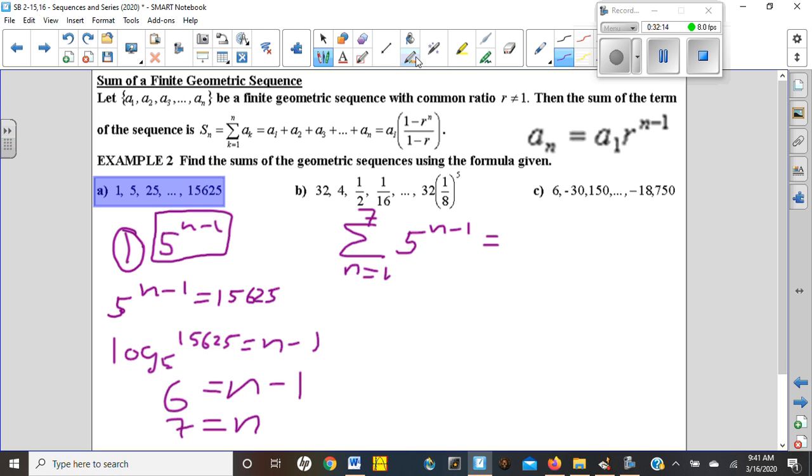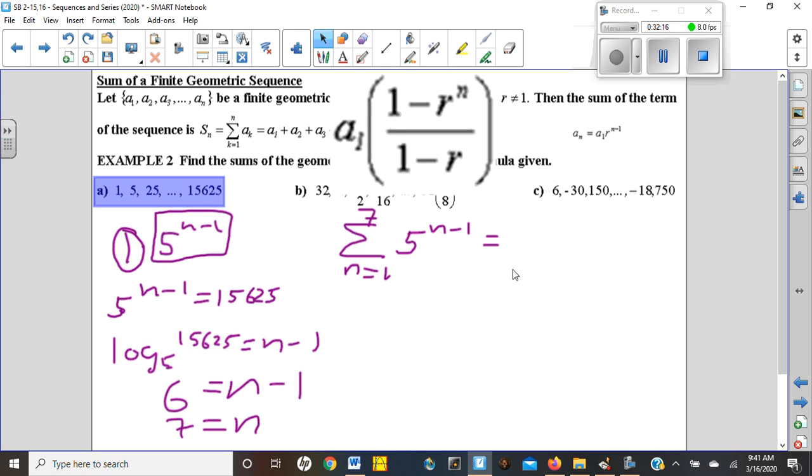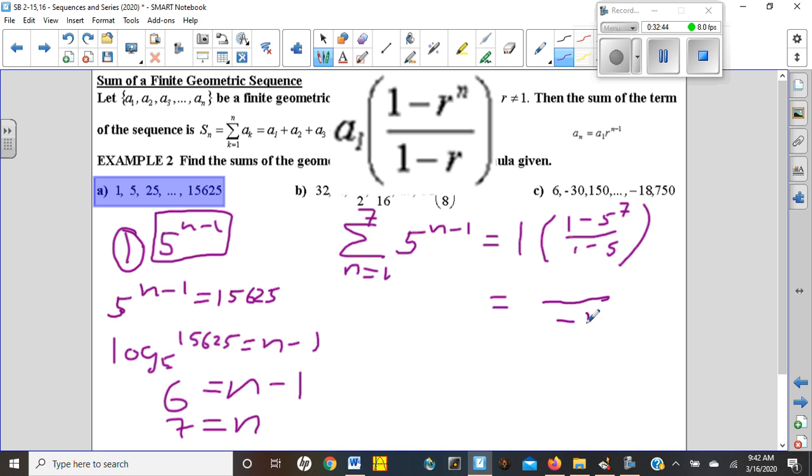The formula for the sum, which is this guy right here, says to take the first term, which is a 1, and multiply it by 1 minus the common ratio, which is 5, to the, and this is where we needed that 7, to the 7th power over 1 minus 5. The 1 out front is really irrelevant in this case. So really, we just have what's going to be 1 minus 5 to the 7th divided by negative 4.